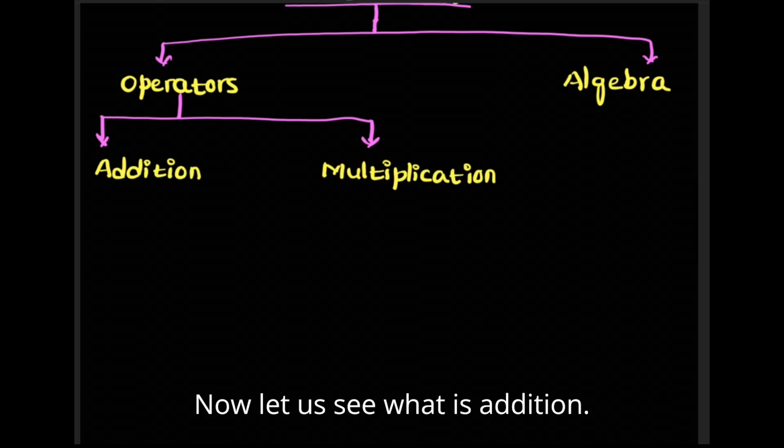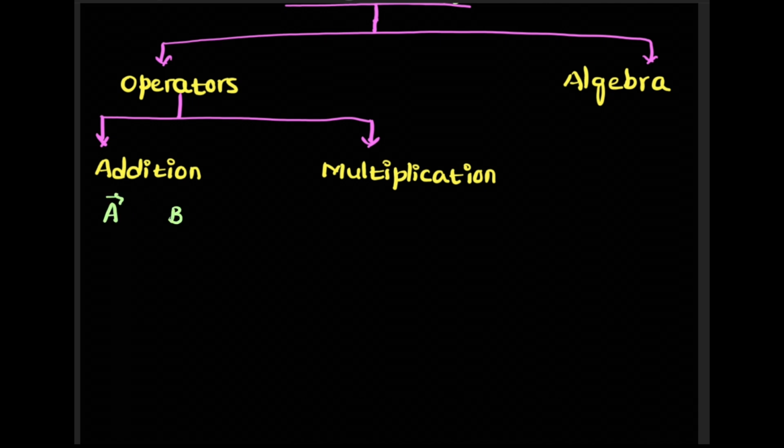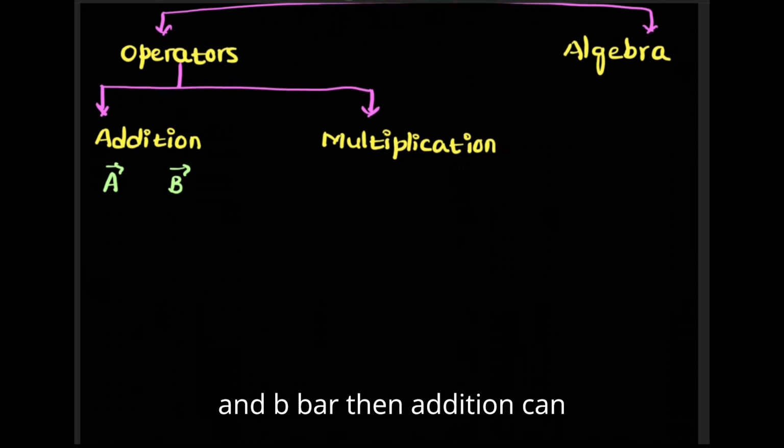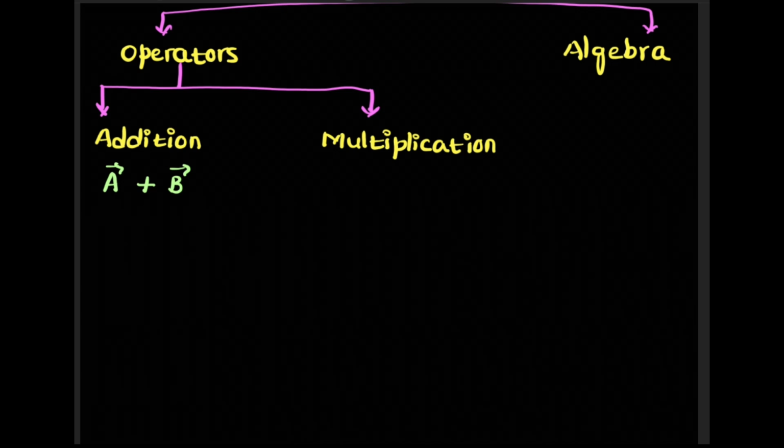Now let us see what is addition. If we have two vectors, a bar and b bar, then addition can be symbolically represented with a plus symbol.